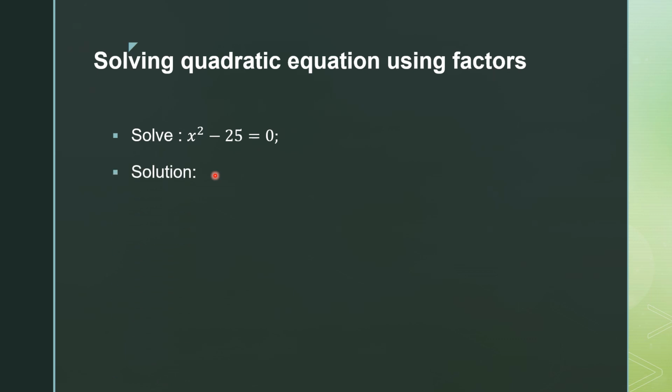So first step is we need to factorize the left side of this equation. The left side is x squared minus 25, and this left side expression is a difference between 2 squares, which we learned in the previous chapter.